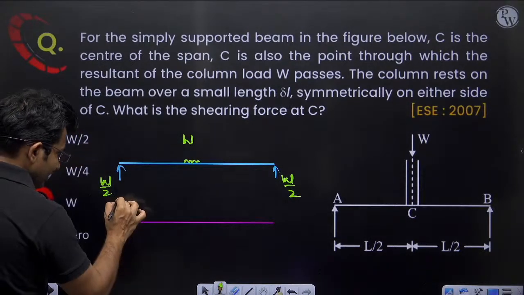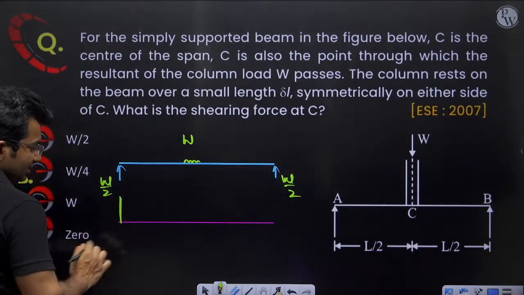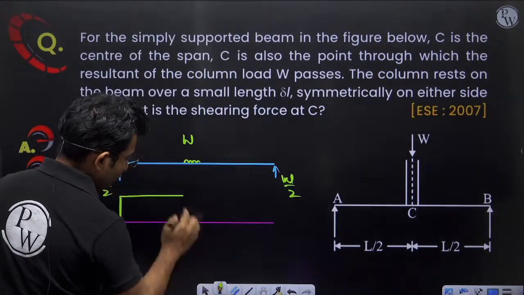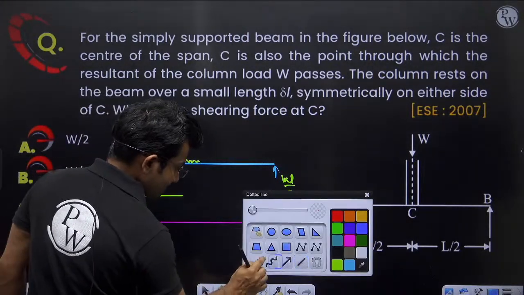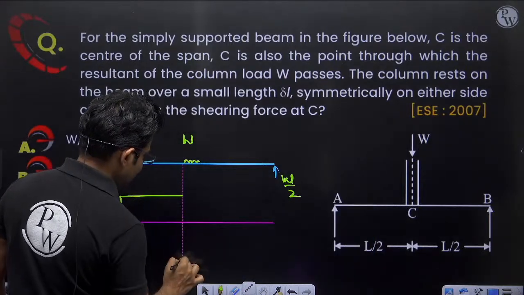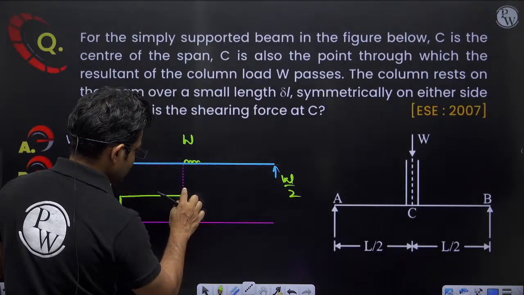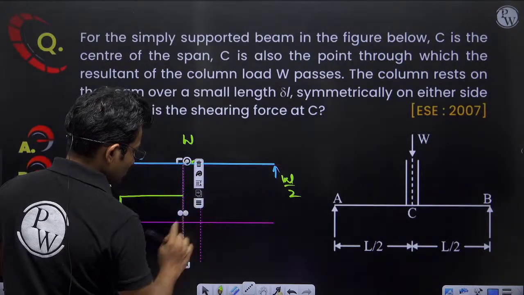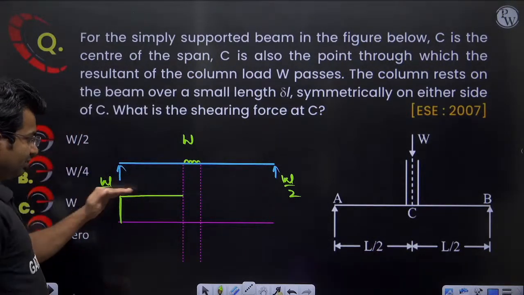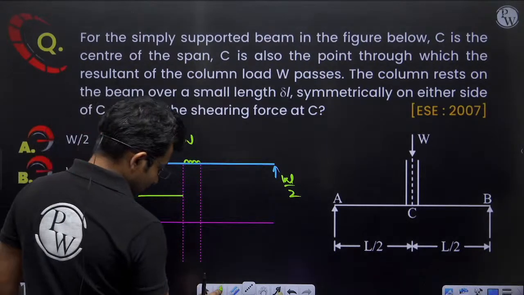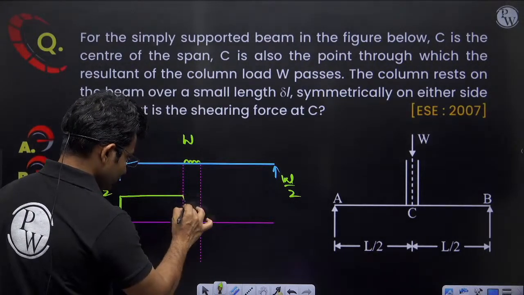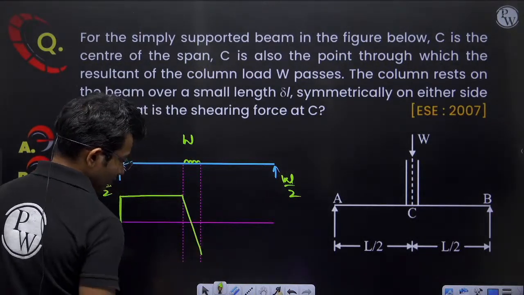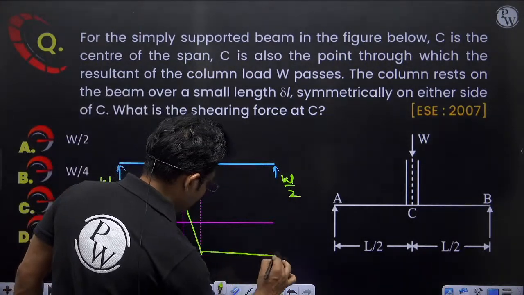So here I'll be getting shear force W by 2 from here up to this location. Up to this location it will be constant, but from here what will happen? My shear force diagram will reduce like this, and keep on reducing like this, and from here to here it will be like this.